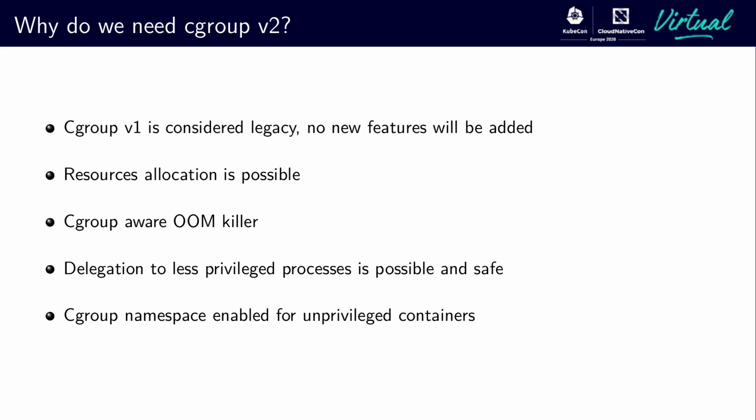So a user that is not root on the system can fully manage a cgroup, and that's safe, differently than cgroup v1. Another difference moving to cgroup v2 is that on Kubernetes by default we also enable the cgroup namespace. I will talk more about it later.